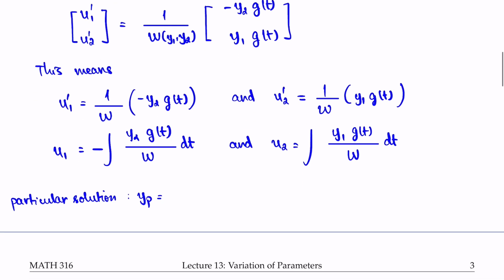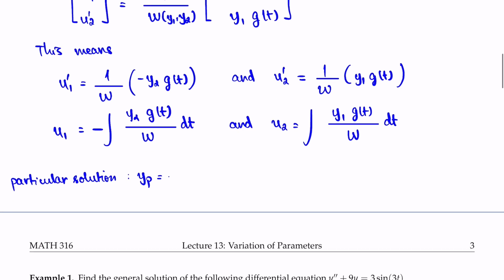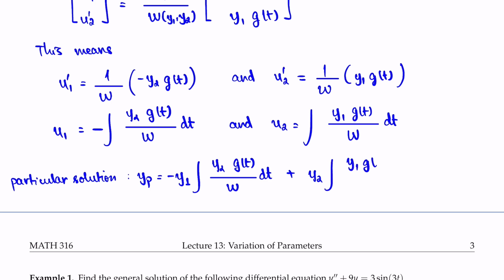So u1 times y1 gives negative y1 times the integral of y2 g of t over the Wronskian dt, plus y2 times u2, which is the integral of y1 g of t over the Wronskian with respect to t.